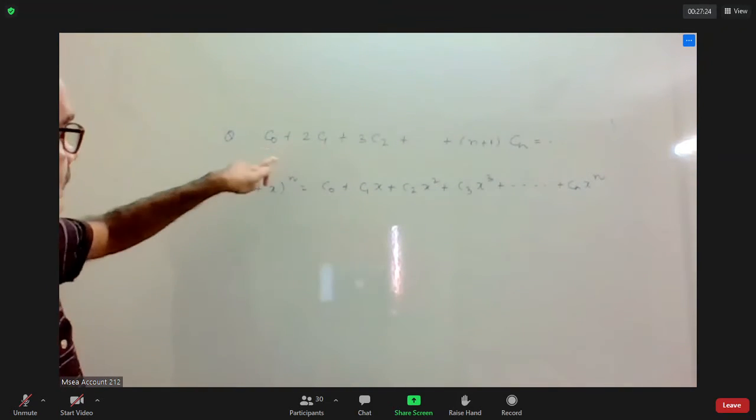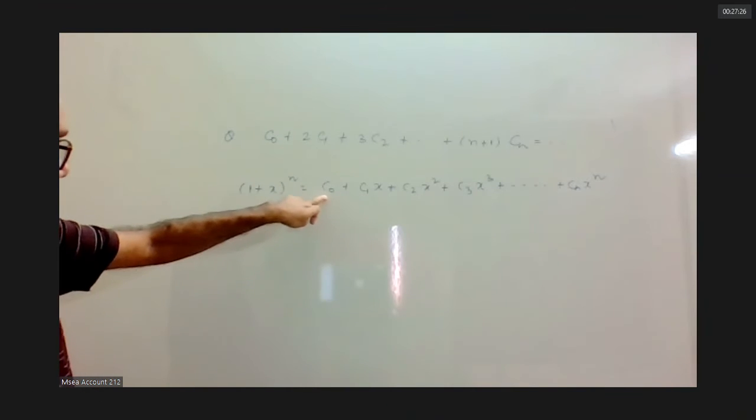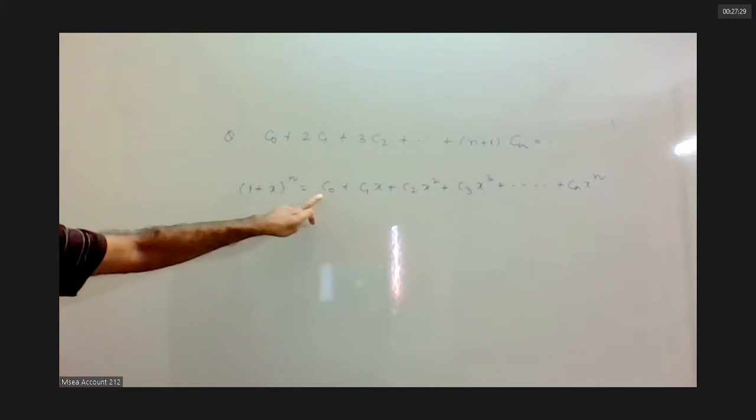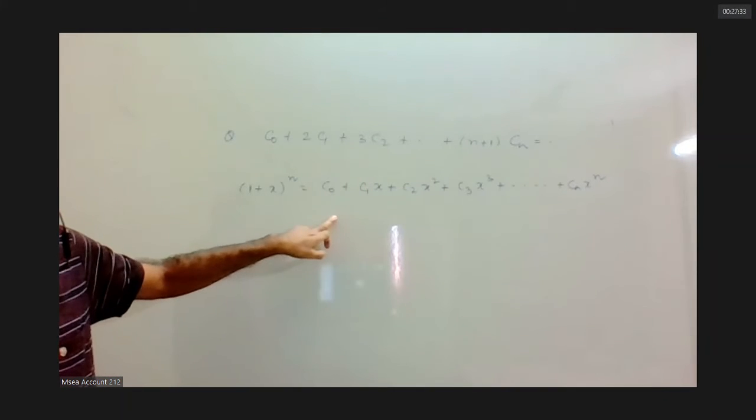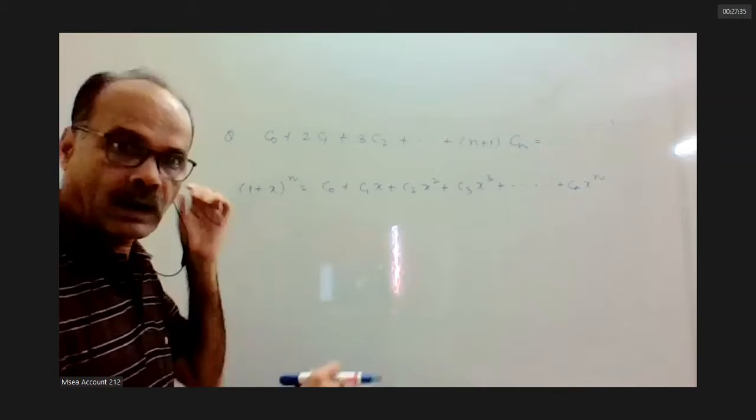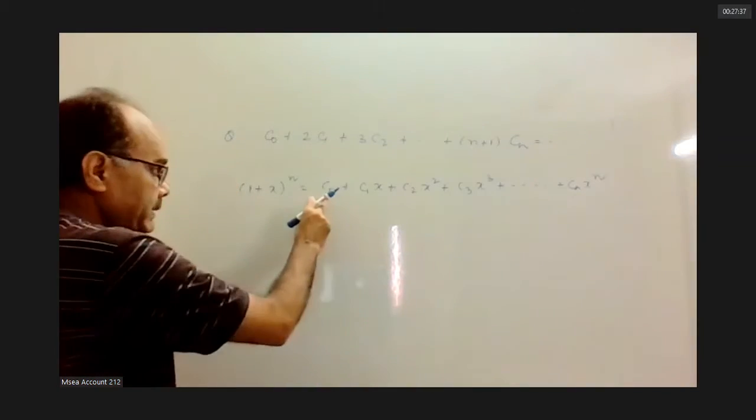Now we want this term C0. So if you differentiate directly, it will vanish. So we have to multiply by x so that after differentiating, this term will be there.